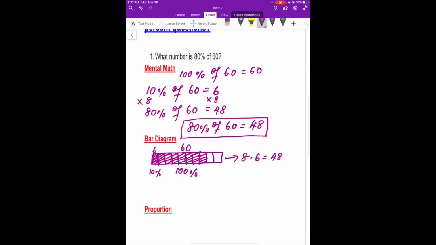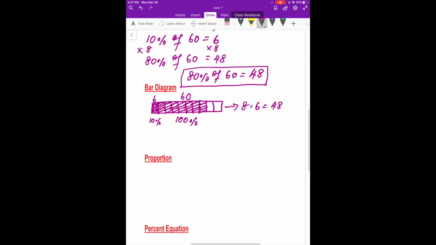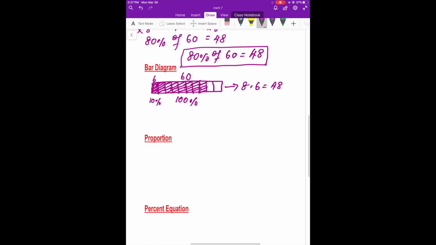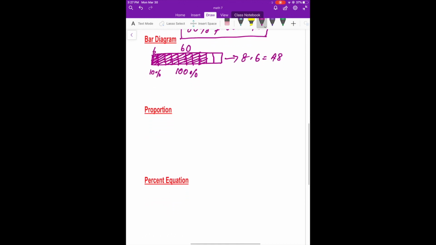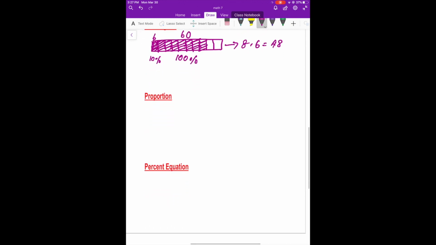And the next one is the proportion method. How do I use proportion to find the answer? They asked you to find 80% of 60. So 80% means I already have one ratio.